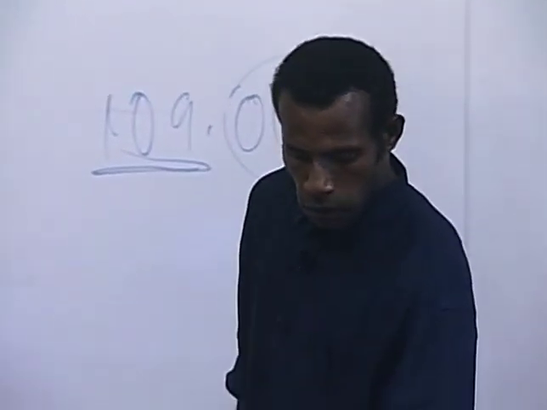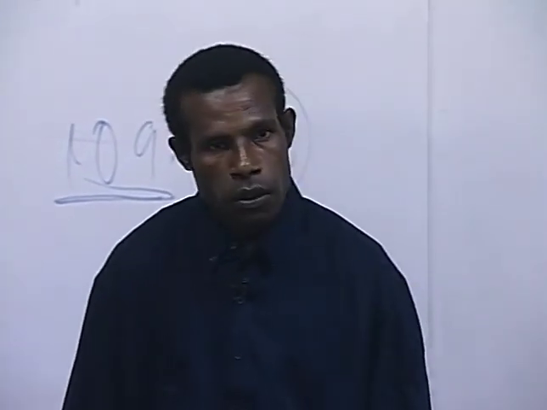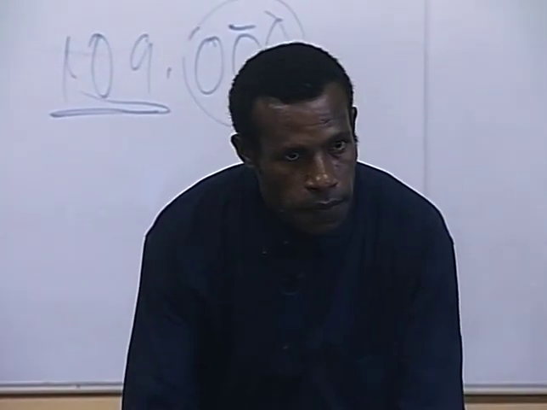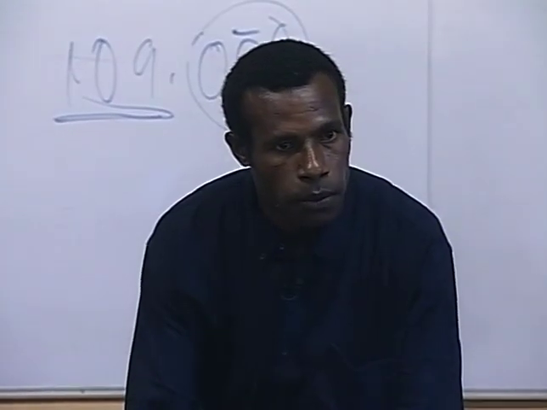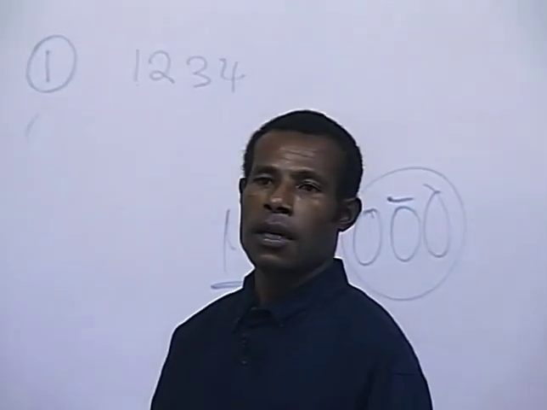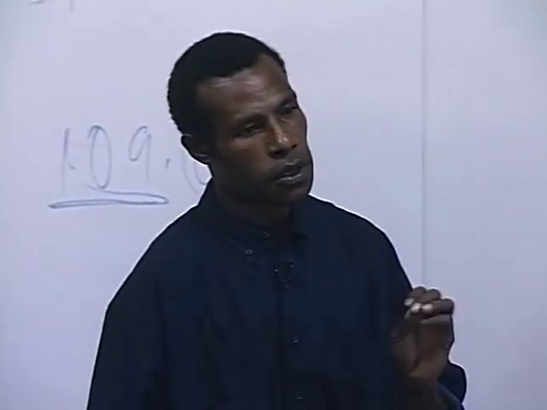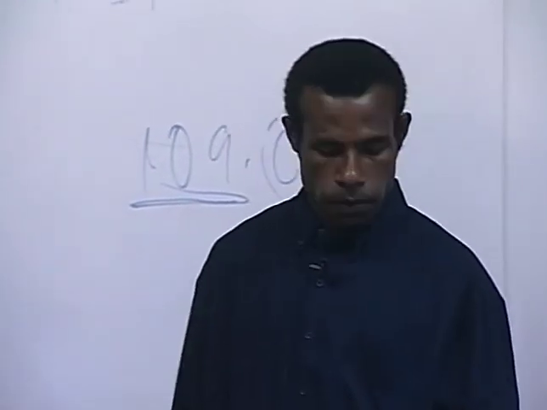There are 4. Number 2 is all zeros between non-zero figures are significant. For example, 109 has how many significant figures? Good, 3, because the 0 is found between those two.